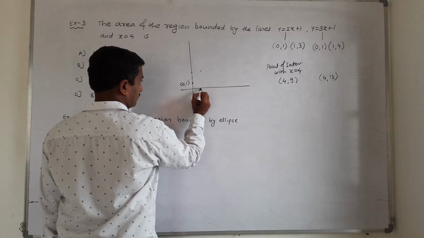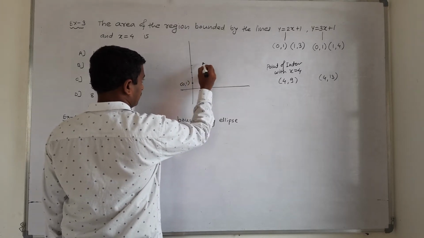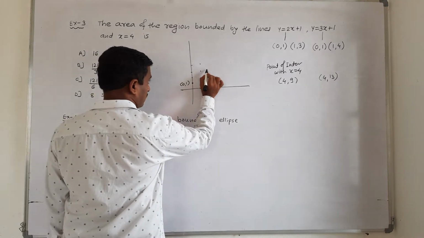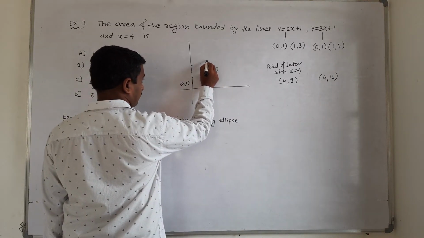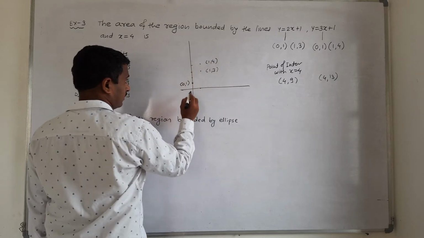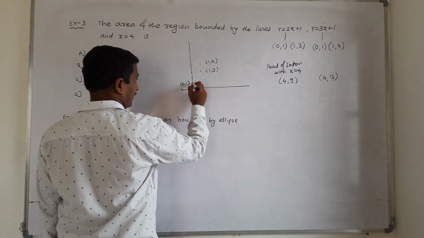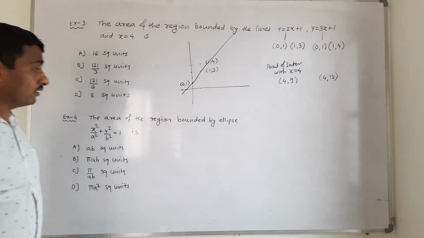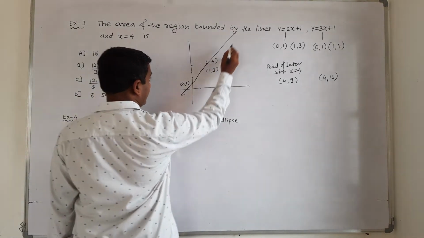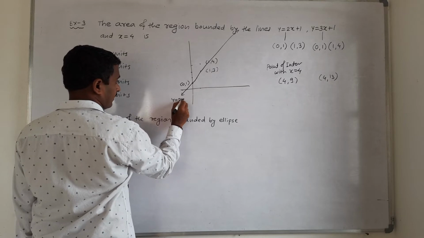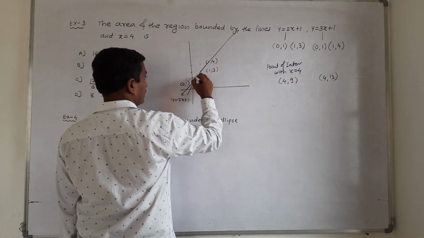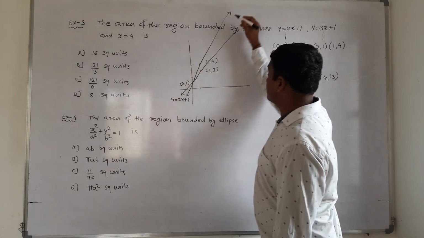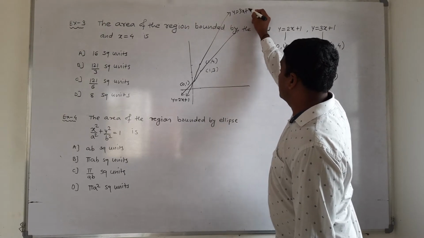The line through (0, 1) and (1, 3), I write this first line as y is equal to 2x plus 1. And next is again (0, 1), but with (1, 4). This is the line y is equal to 3x plus 1.